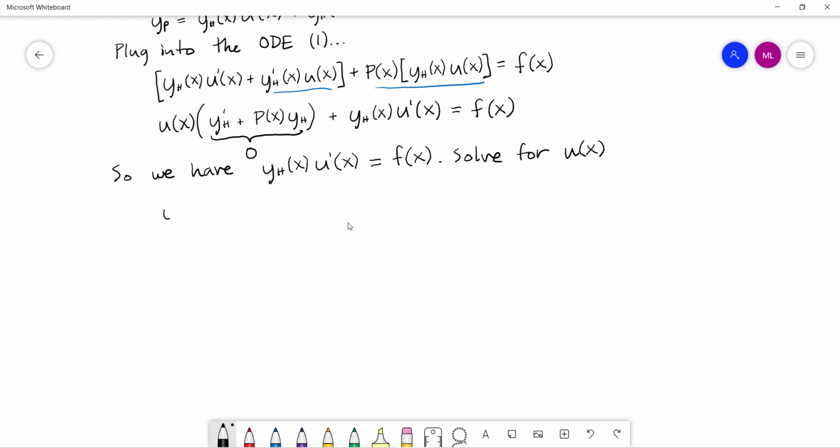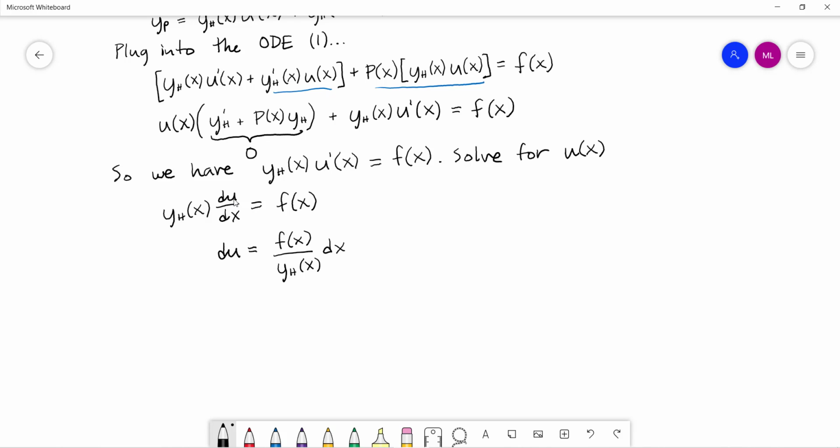You can think of this as y homogeneous, which is a function of x, times u prime of x, which is du dx, and that's equal to f of x. So I'm going to divide by the yh term and multiply by dx, and that'll leave du by itself on the left-hand side. On the right I'll have f of x over yh of x times dx.